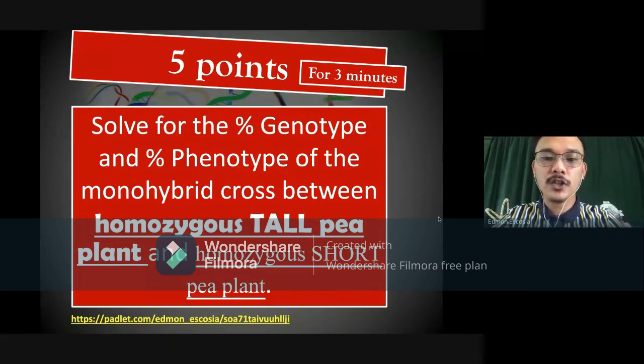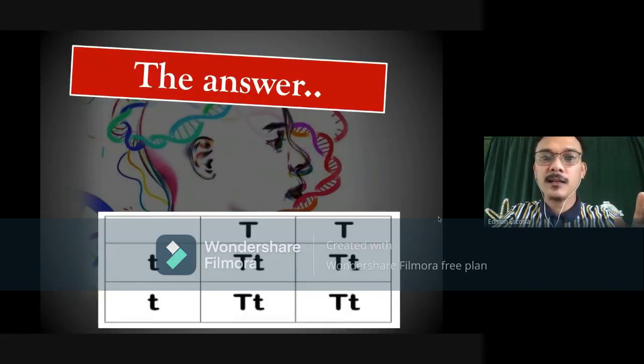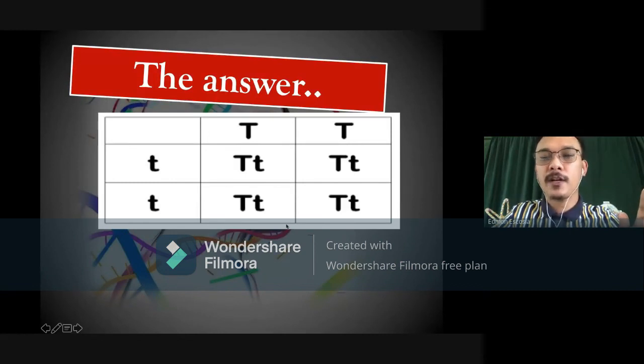But both mentioned homozygous, therefore you should have the same set of letters. So that's why, representing the alleles, you have big T, big T, small t, small t. So these are the parents. And crossing this, you will have the resulting offspring.